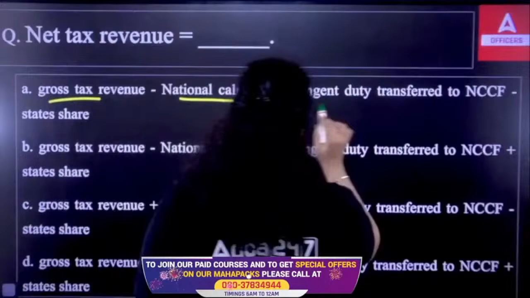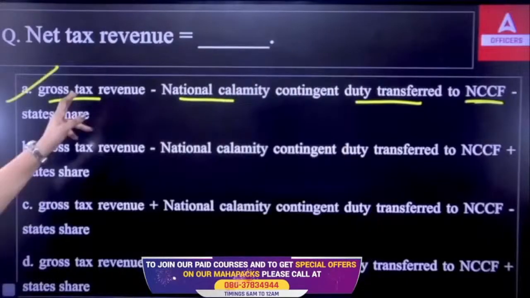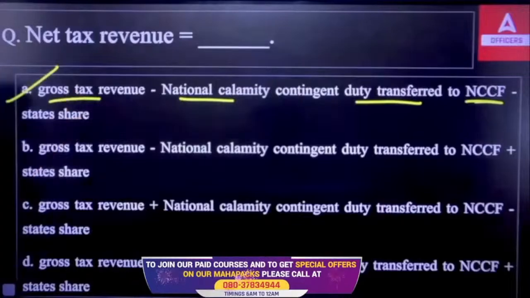Because out of the gross tax revenue, you have deducted the value which you have to pay because of the national calamity. You have also deducted the share you have to send to the state government. So after deducting all of that out of your gross income from taxes, that will be your net tax revenue. Here you are adding the tax share.